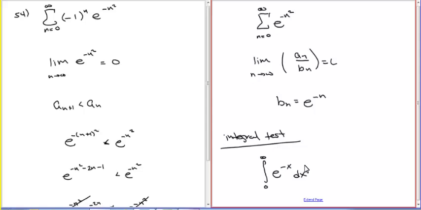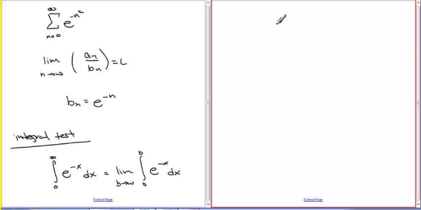Okay, so what we get here is we take the limit as b goes to infinity of the integral from 0 to b of e to the minus x dx. And that is the limit as b goes to infinity of negative e to the minus x between 0 and b.